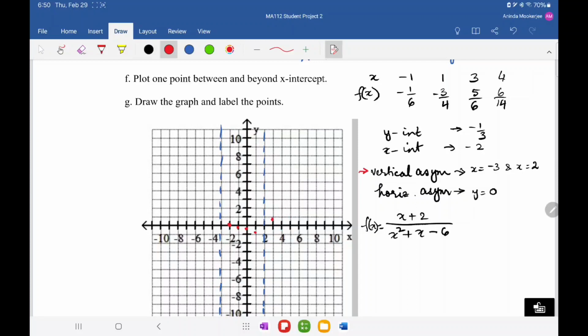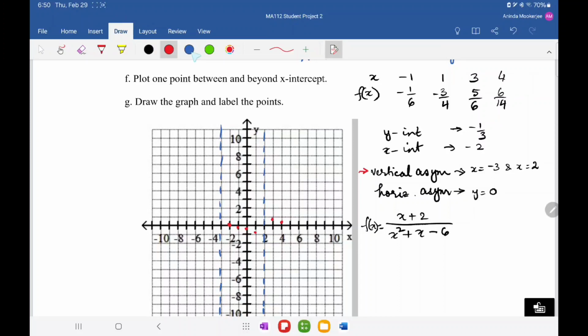And when x is 4, it's 6/14, so it'll be somewhere here. And same thing on this side also. All right, just plot, and I'll leave that to you. Just choose some negative x values beyond -3, where the left vertical asymptote is, and find the y values, and plot those points.